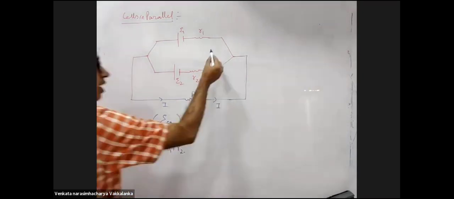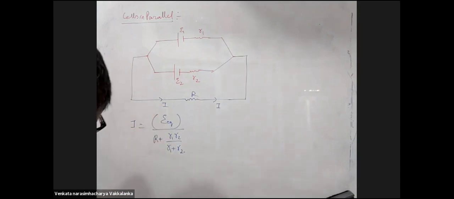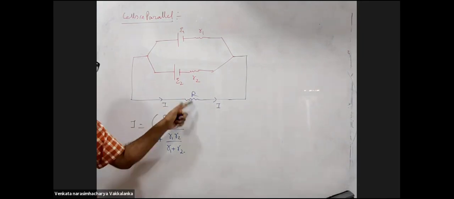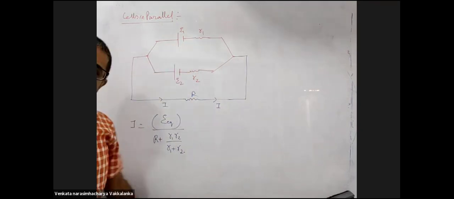I can replace the whole of this with one E equivalent if I can find I in this format. Yes or no? Yes, sir. E equivalent by R equivalent. What is R equivalent? R plus R1 R2 upon R1 plus R2.